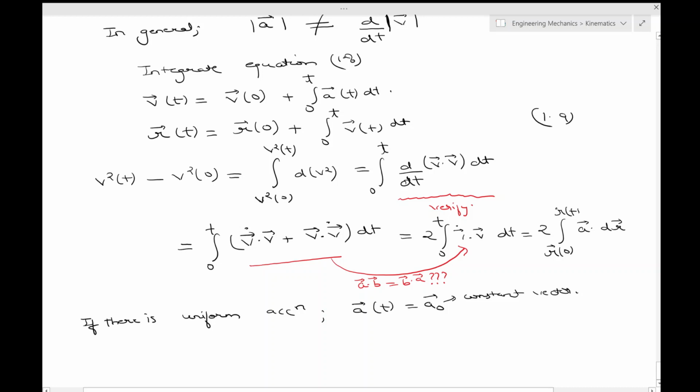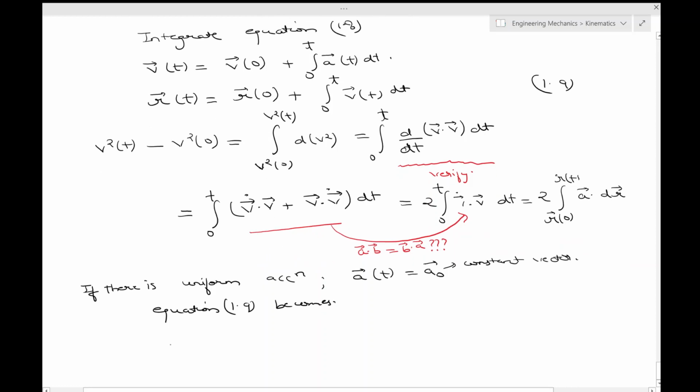So in this case, equation 1.9 becomes, so there are three equations in 1.9. They will become velocity of t is equal to velocity of 0 plus a naught t.